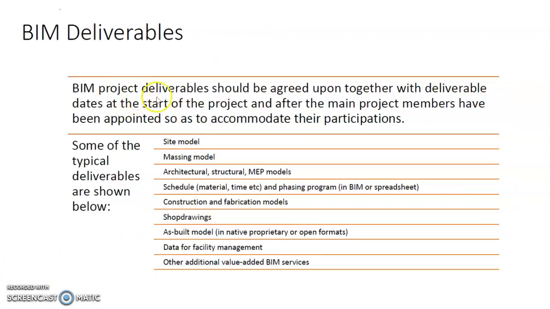BIM project deliverables should be agreed upon together with deliverable dates at the start of the project and after the main project members have been appointed, so as to accommodate their participation.